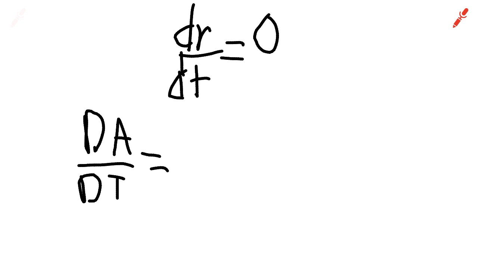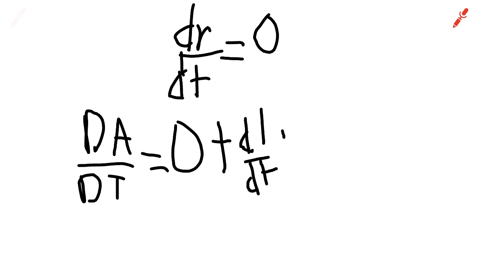Since the first term was L times the square root of 2 times dr dt, that value will now be 0. Now we sum that plus dL over dt times the square root of 2 times r.